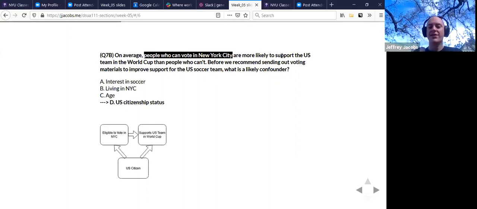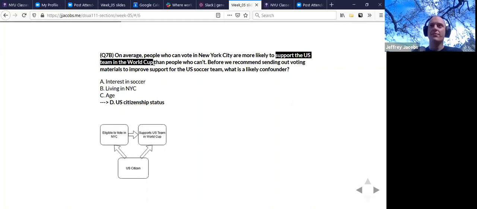People who can vote in New York City is one variable, and then support the US team in the World Cup, right? That's another. And so once again, it's listed in the order of independent and then dependent variable, which is nice. So we make the top part of our diagram immediately from that sentence, right? Eligible to vote in New York City, and then an arrow about positive relationship, in this case, more likely, right?